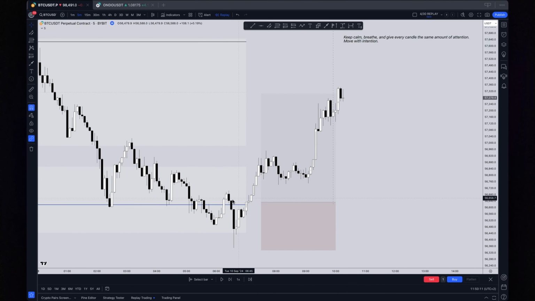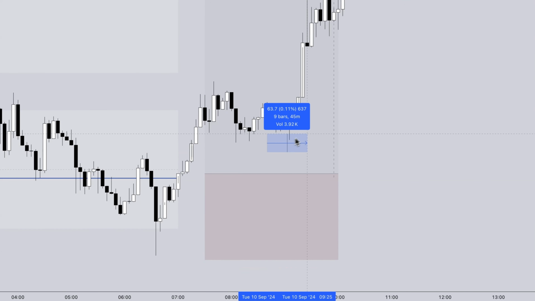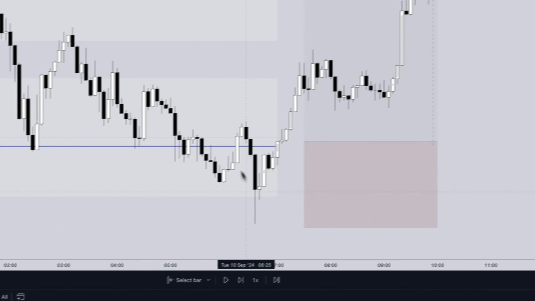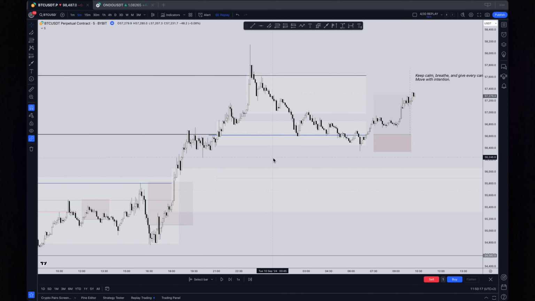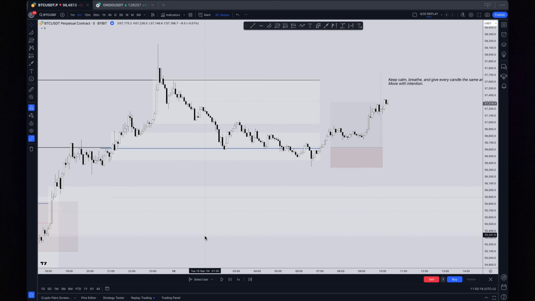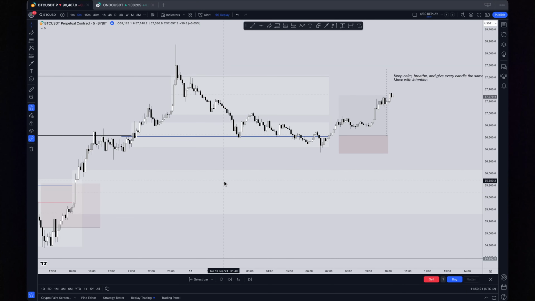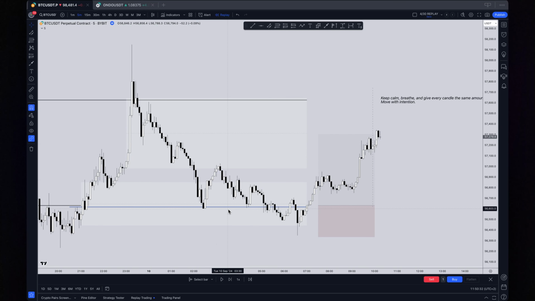But this is a perfect entry. And even though I said, and this is one thing, it's more like on the 4 hour, I say if we close here, I'm not going to look for a trade. But on the 30, if we close through that level, I will still look for a trade if I get an opportunity at the low.